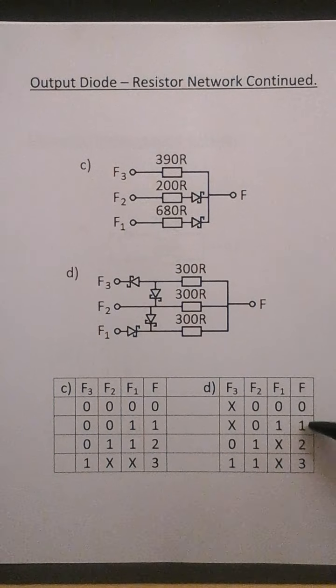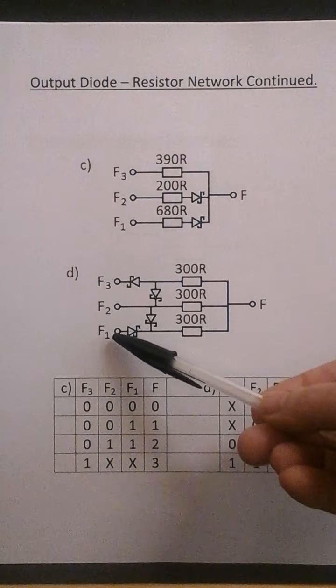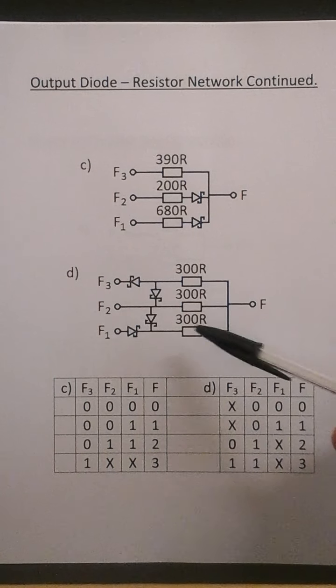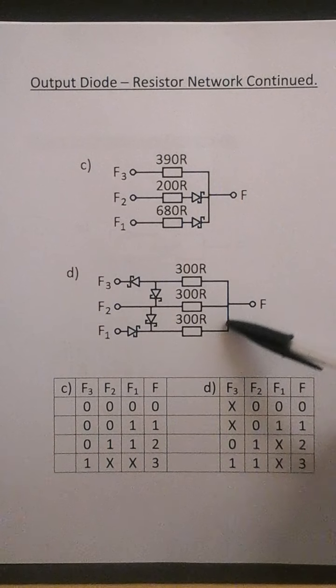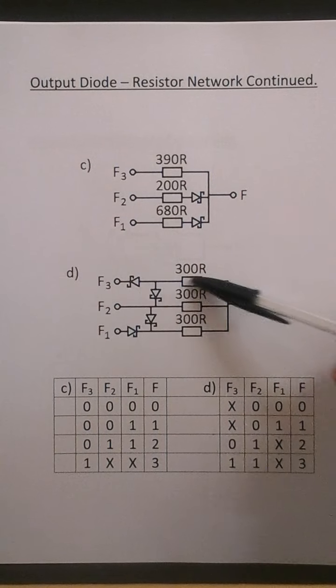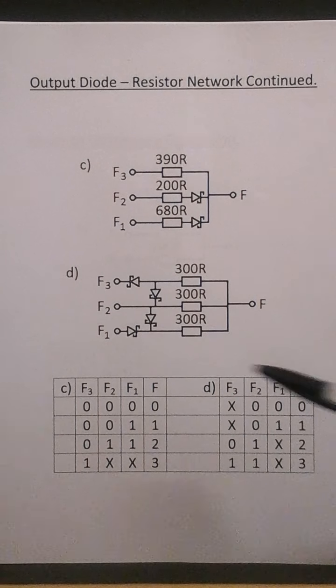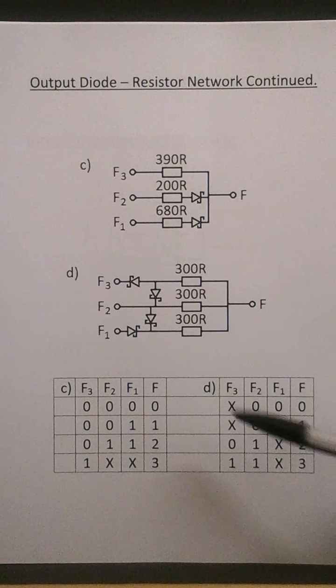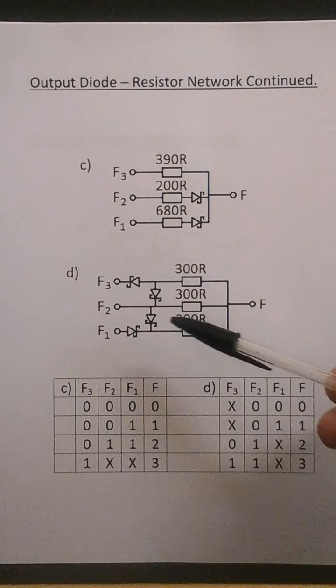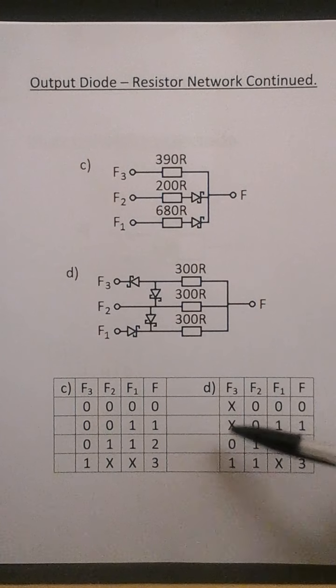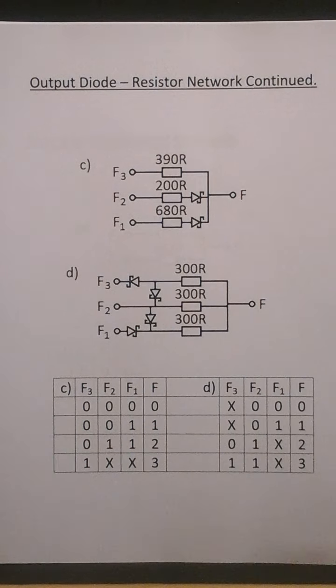For 1, F2 is a 0, F1 is a 1, which provides current, and current flows through this resistor down there, but it also flows through this resistor and through there. So F3 is reverse biased. It doesn't matter if F3 is a 0 or 1.